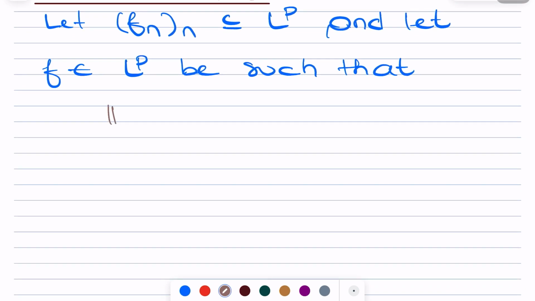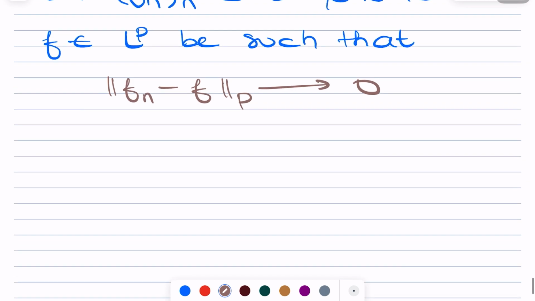So that the norm of f_n minus f goes to 0, of course, as n goes to plus infinity. So this is f_n converges to f strongly in L^p.